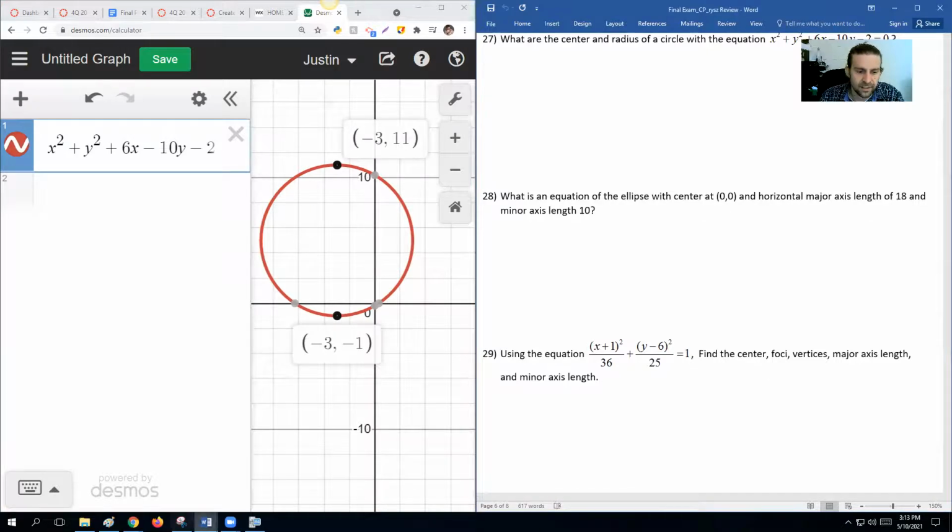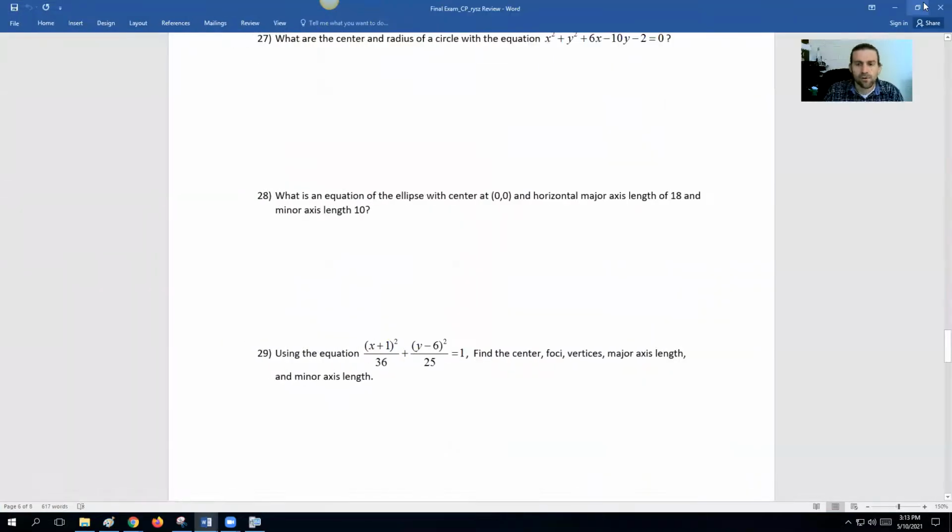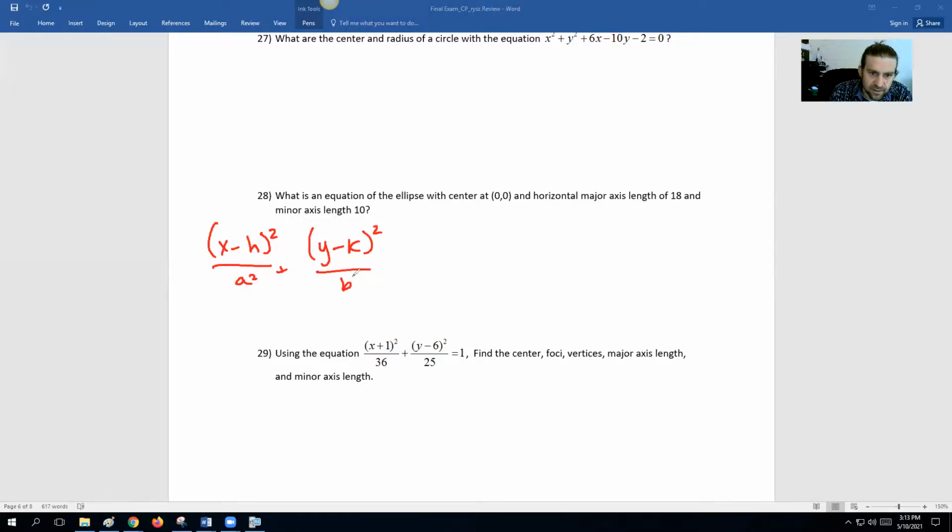All right, next, we got an ellipse. So you might want to go through and look at the ellipse formulas here. Ellipse formulas are always (x minus h) squared over a squared plus (y minus k) squared over b squared equals 1. If the center is at (0, 0), we have x squared and y squared.